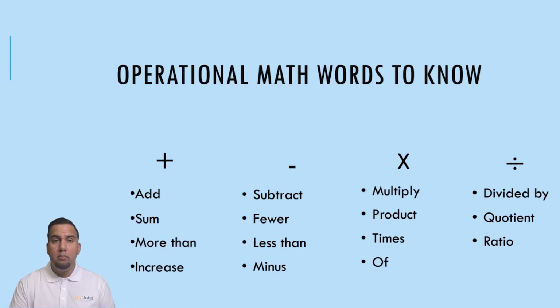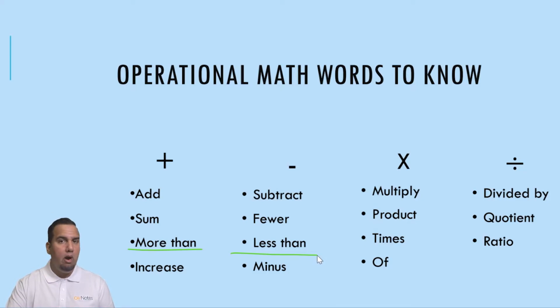The one that you want to pay close attention to is more than. When it comes to subtracting, you're going to see words like subtracting, fewer, less than, minus. Most of those words make sense as subtracting. However, the phrase less than you have to also understand because it plays a little bit more of a role when you're reading a question.